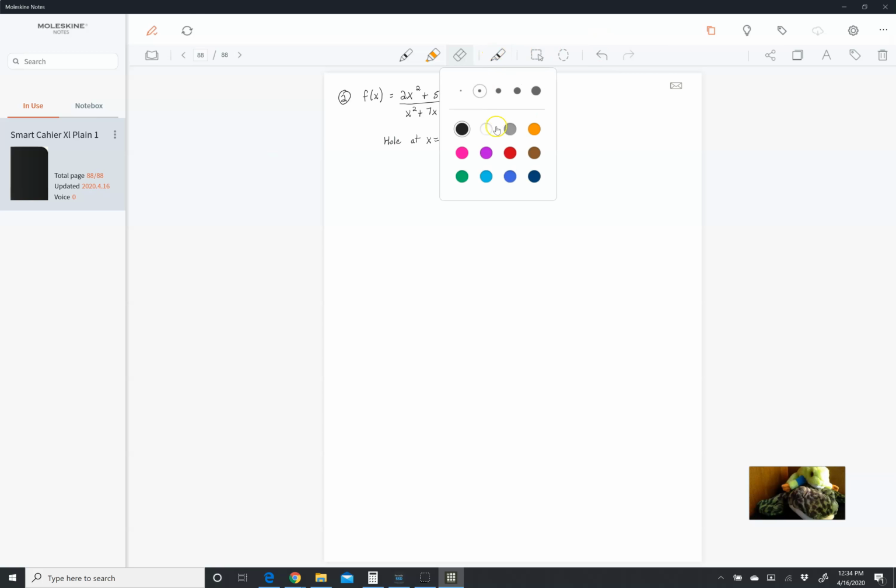And that's because x plus 3 is in the denominator. So x equals negative 3 would make the denominator 0.